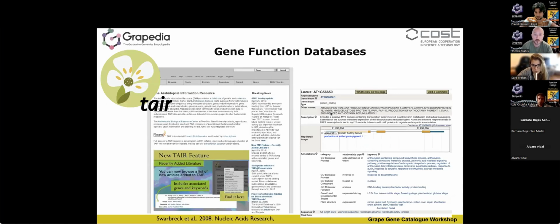Of course, we can use different databases as a model to try to develop a similar database. The best example is the Arabidopsis Information Resource, that probably some of you may have used in the past or in the present.